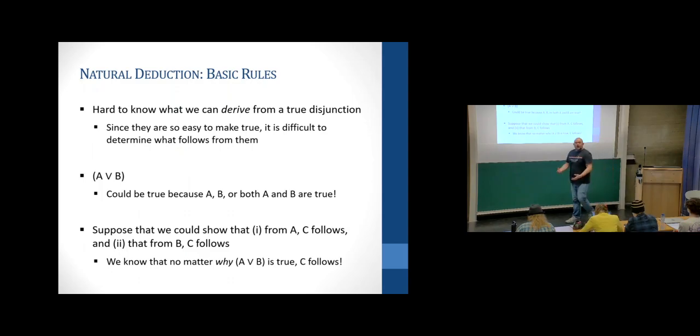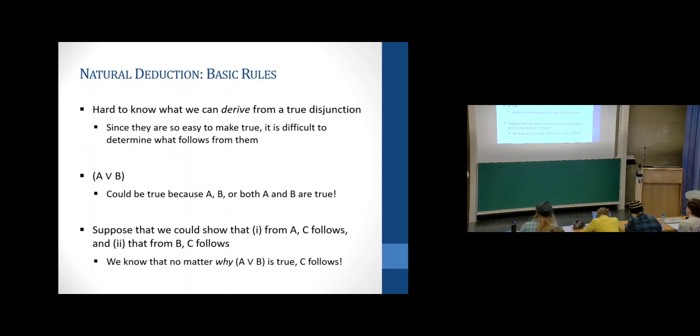To put it another way, it's hard to know why a disjunction is true. If you know that A or B, you don't know if it's because of A, it's because of B, or because both A and B.